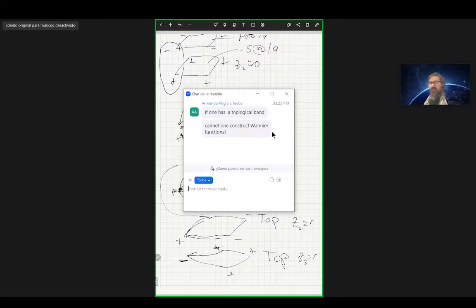if I have an index that is defined in a symmetry group, and that index is non-zero, and I try to build Wannier states that respect the symmetries of the symmetry group that are exponentially localized, I will fail.